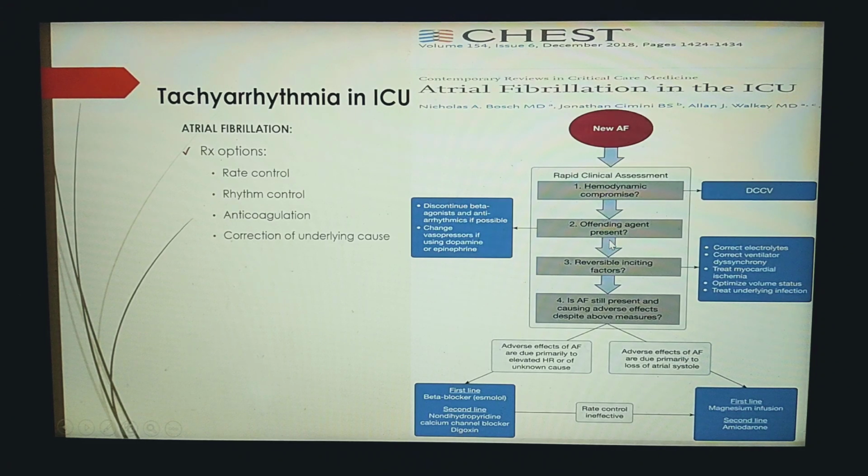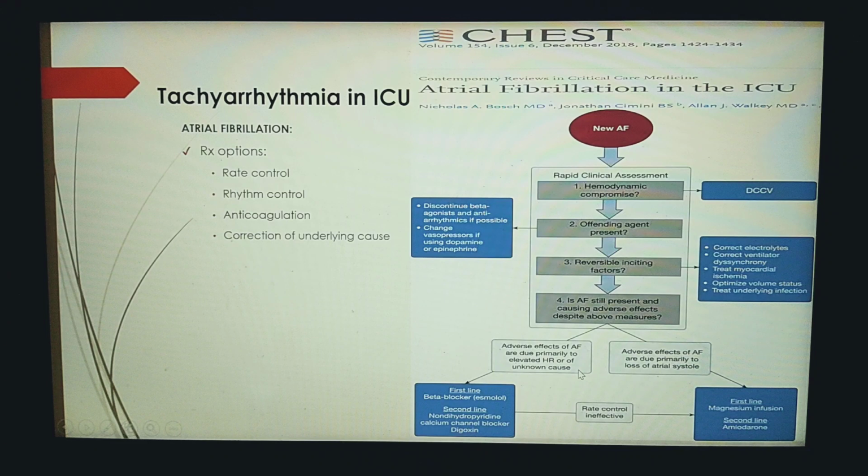Then we should focus on any offending agent or risk factor, especially any drugs, electrolyte imbalance, infection or sepsis. Also focus on reversible factors. If AF is still present, then we should go for either a beta blocker or a rate-limiting calcium channel blocker.